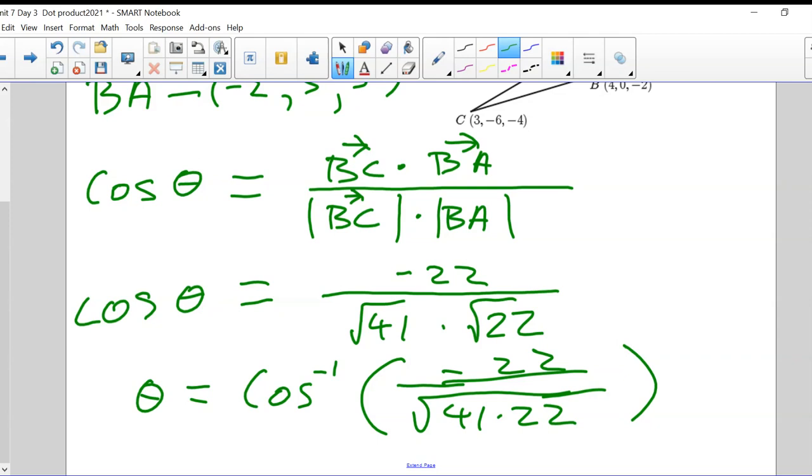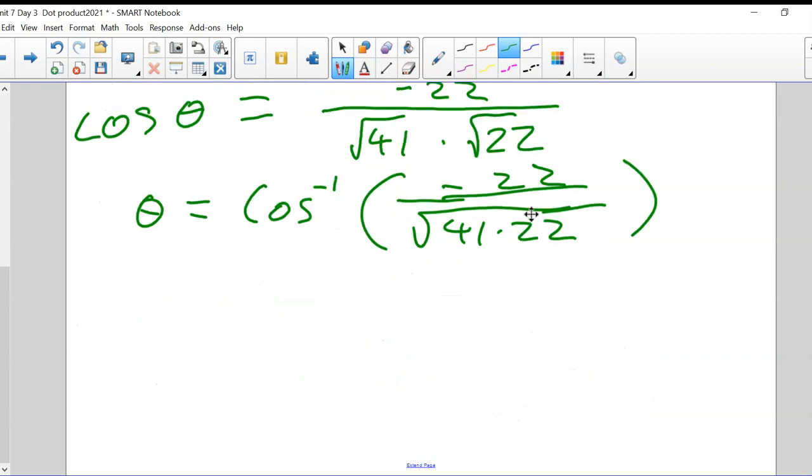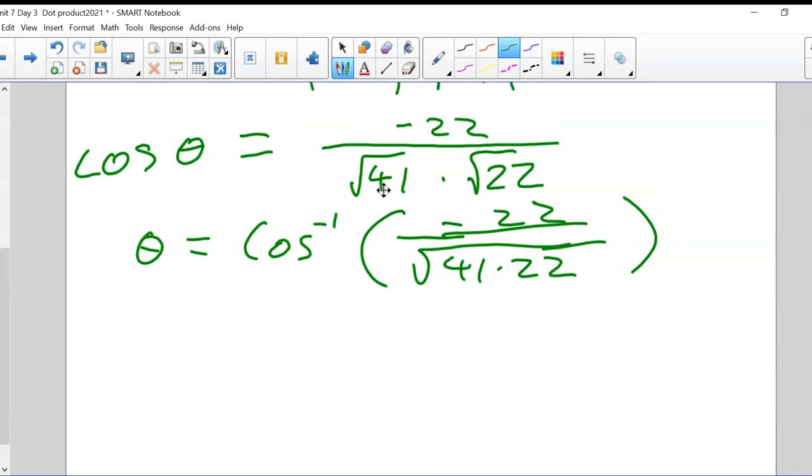And we're going to be asking you to do a calculation shortly. So I'm asking for the inverse cosine of minus 22 over the square root of 41 times 22, whatever that is. Or you want to take them separately, that's fine. Square root of 41 times square root of 22, doesn't matter. It's up to you. Tell us what that angle is, please. Give it to me to, I don't know, one decimal place.